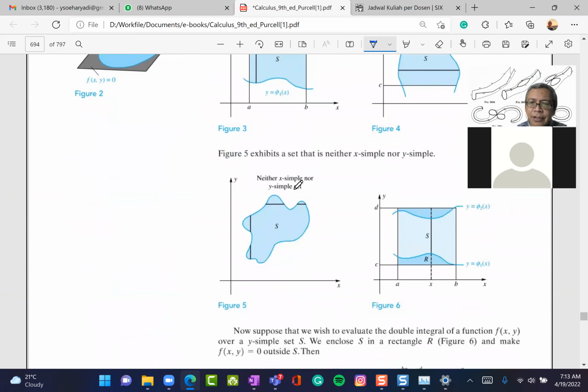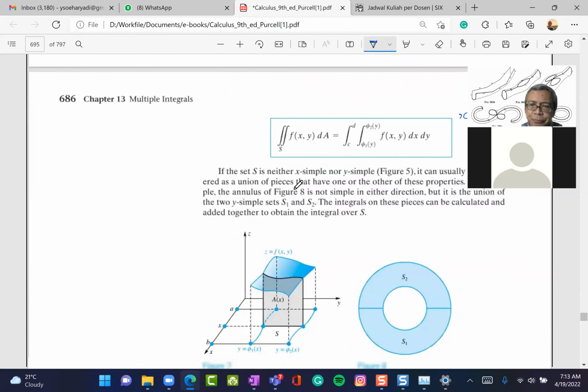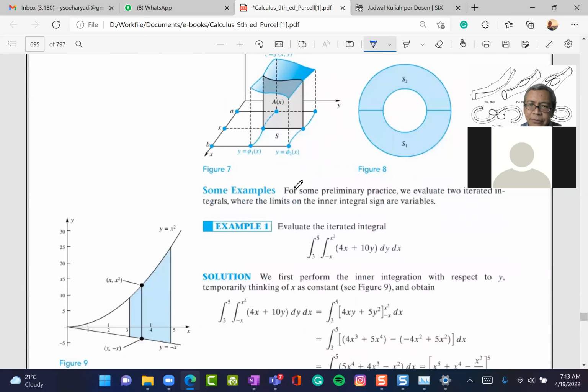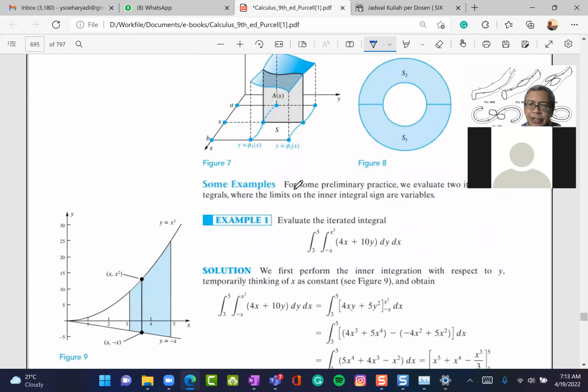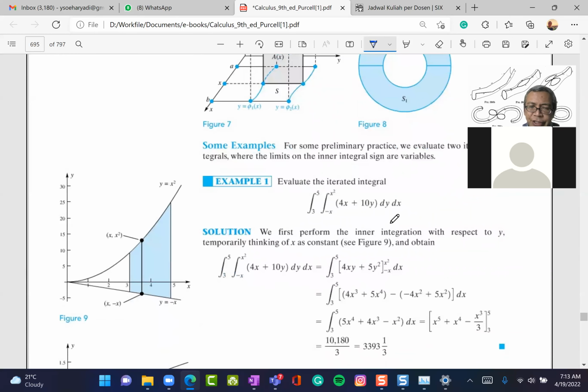Okay, here, and let's see what's the trick with this one. So this one's evaluations. I'll show you the evaluations, for example, this example one. Okay, so let's integrate over y.